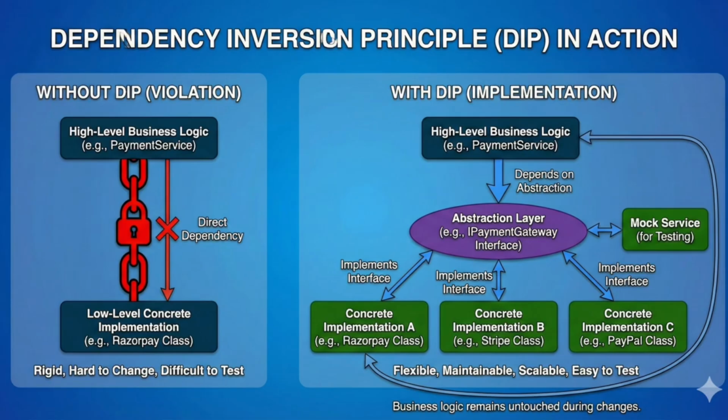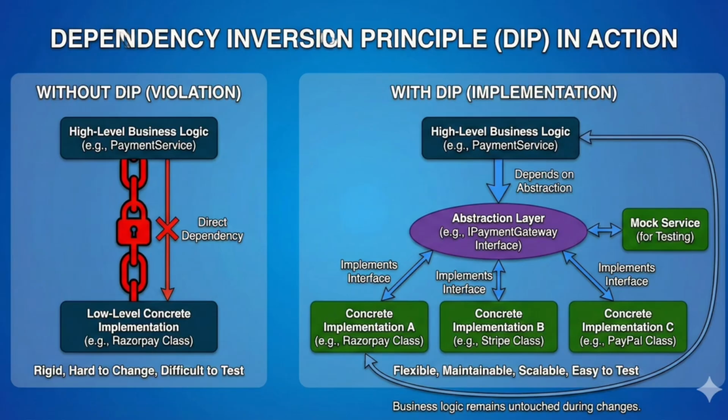So, in conclusion, dependency inversion principle is not just about writing code. It is about writing professional, future-proof software. It helps you build applications that are loosely coupled, easy to maintain, highly scalable, and extremely testable. It ensures that your high-level business logic remains protected while low-level implementations can easily evolve with time.